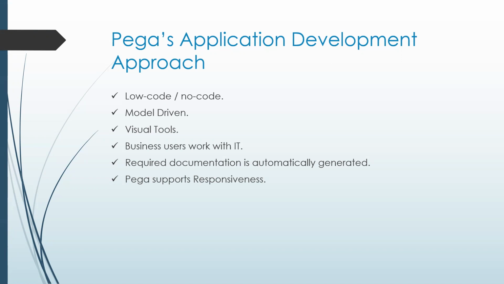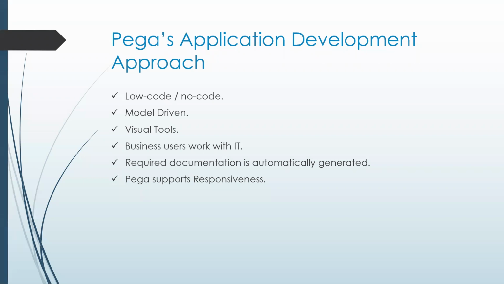Then model driven. Here the application development is completely a model driven approach. So what is model driven? Model driven is basically focusing upon the transaction. So you define a model. I mean, you define something called a case type. Remember this terminology, case type.